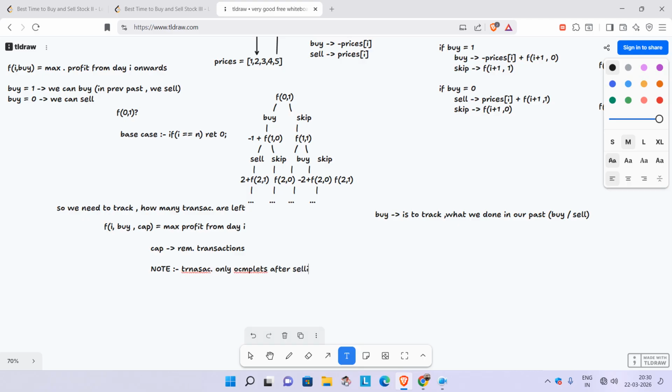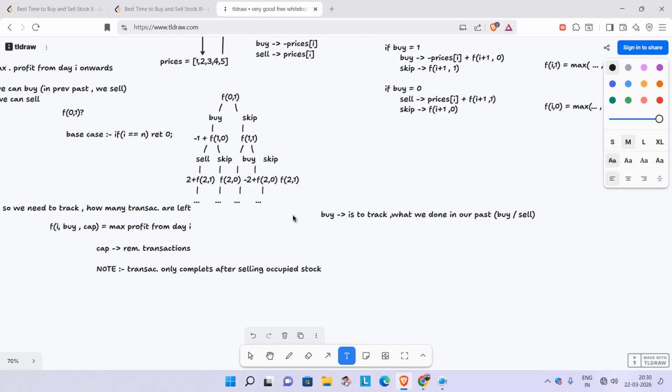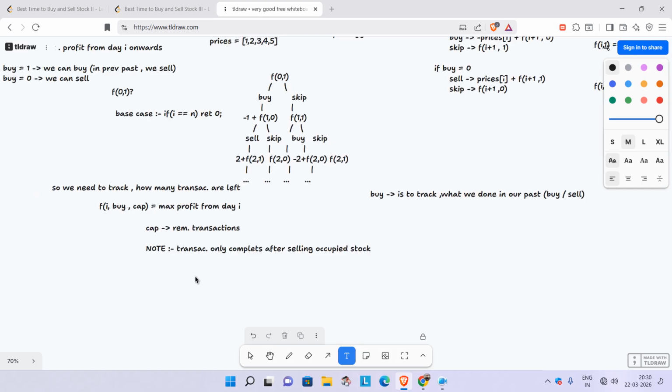So during buying, our capacity doesn't reduce. Whenever I'm talking about the buying condition, our capacity doesn't fall; it only falls after selling our occupied stock.